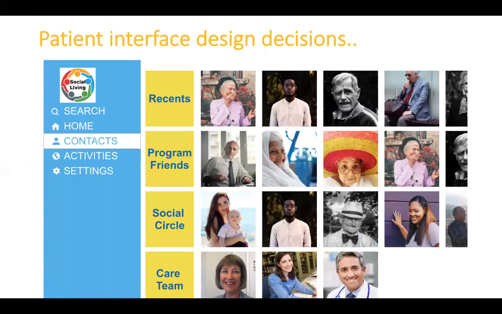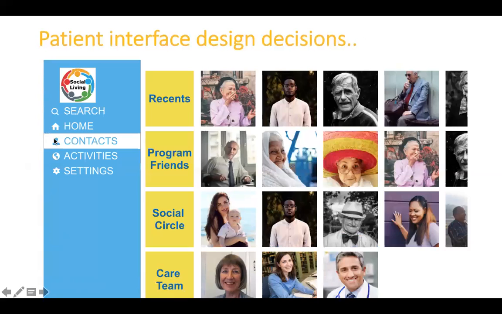So then I want to walk through the tabs also. First we're going to talk about the contacts tab and then the activities tab. The contacts page would be used to connect patients to their program friends, social circle, and care team. The first row right here, the recents, is automatically updated to contain individuals whom the patient last connected with.